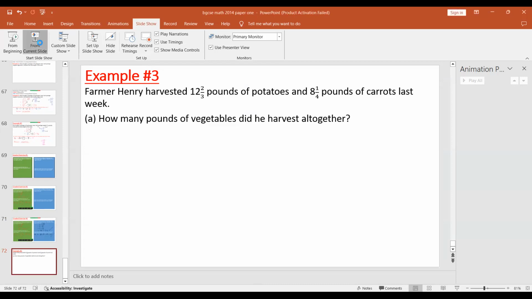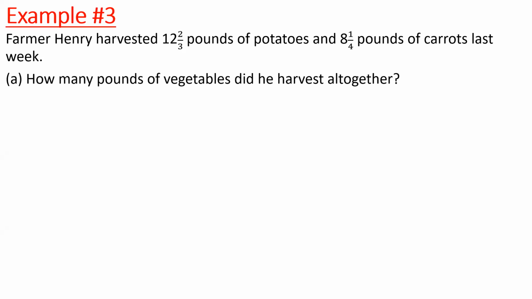So the question says, how many pounds of vegetables did he harvest altogether? In order for us to do that, we have to add 12 and 2 over 3 plus 8 and 1 over 4.